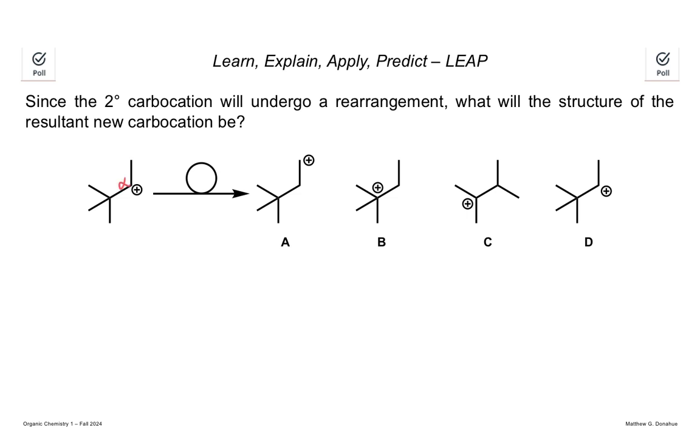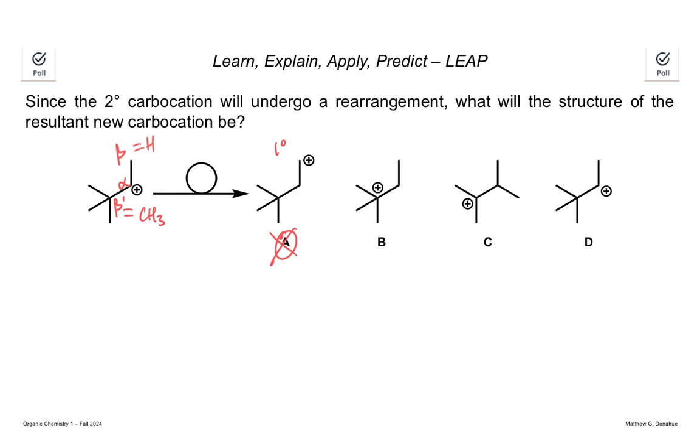And so we're saying alpha, beta, and beta prime. If you did a 1-2 shift from beta, you would end up with which structure? So you'd end up with A. That would be a primary carbocation, so that's no good.